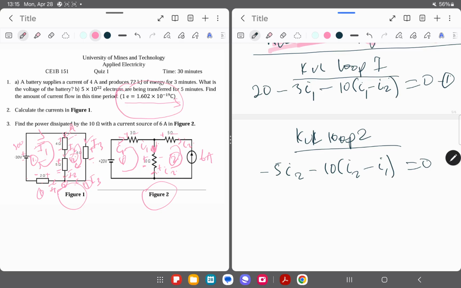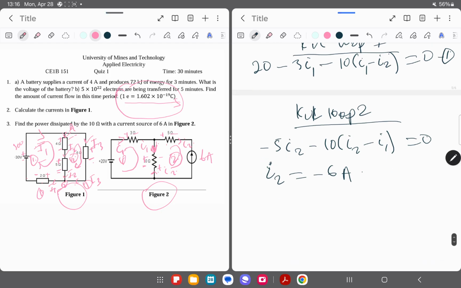So I can even just go ahead here and say I2, based on the diagram here, is going to be equal to minus 6 amps. Because that's the only current in that loop, especially this part. So once I've done this, it simplifies everything.